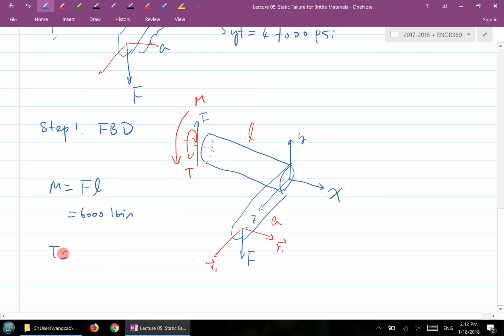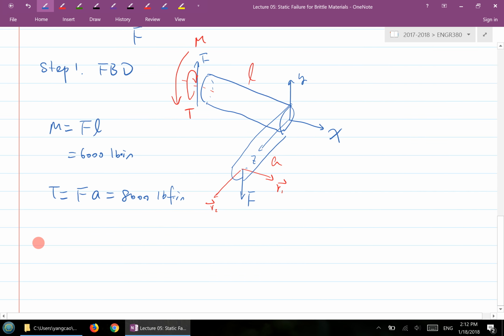And the torque equals F times A, which is 1,000 times 8, so that's 8,000 pound-force-inch. That's the value of M, and that's the value of T here. And this is your free body diagram.